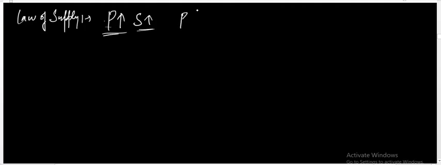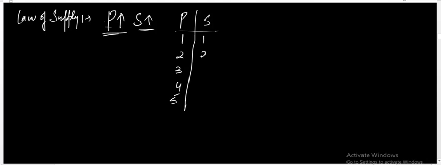Now suppose we have the price like this, which means that supply is also going to increase. Now let me consider a case like this: 1, 2, 3, 4 and 5.